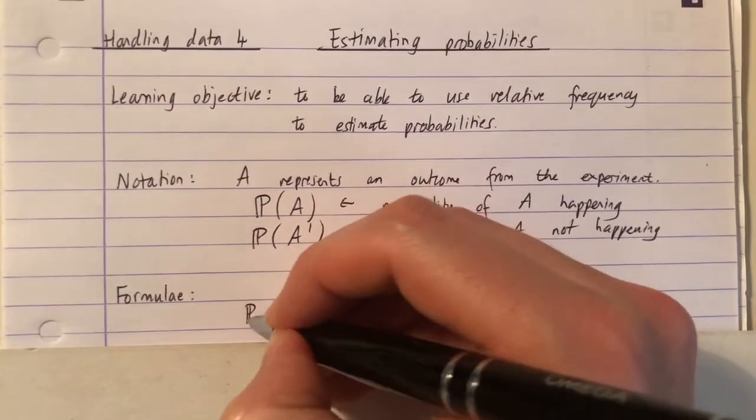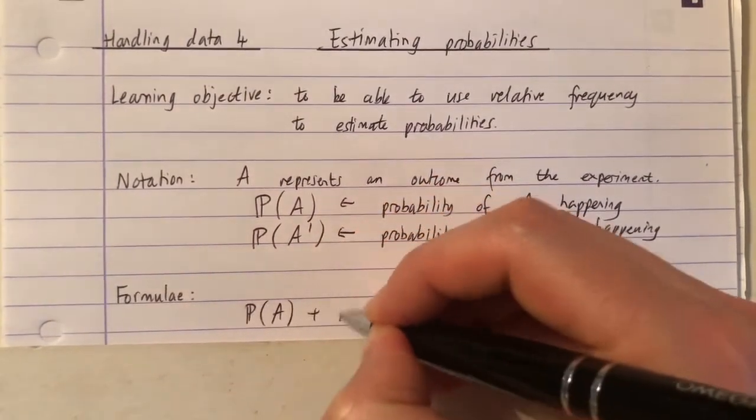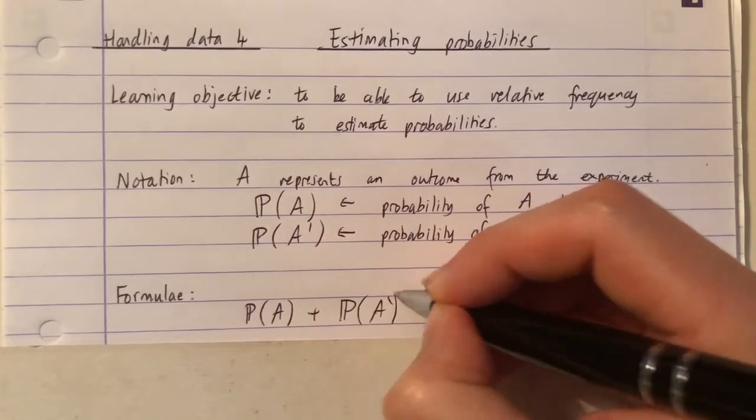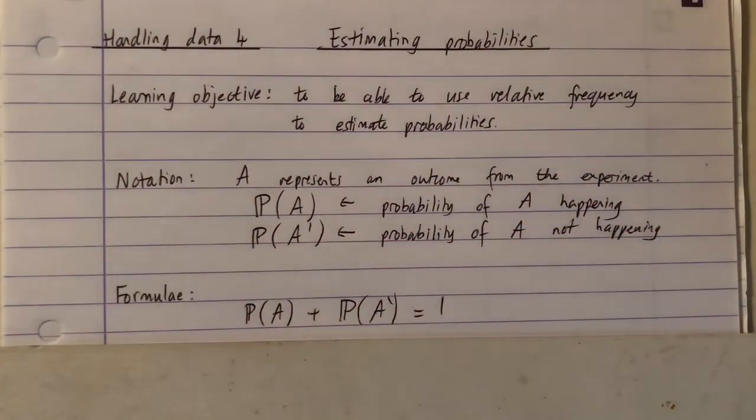So probability of something happening plus the probability of something not happening is equal to 1. In other words, if I told you the probability of rolling a 6 on a dice is 1/6, then the probability of not rolling a 6 is 5/6, because they need to add up to 1.